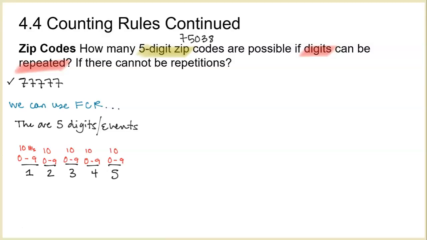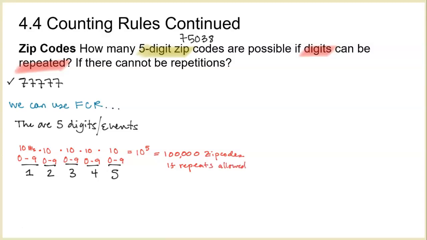So by the fundamental counting theorem, if we have these distinct events, the 5 digits, and each event has 10 different choices, we can just multiply those together and we get the number of ways that we can form zip codes. And there are 100,000 zip codes we can make by using this process if repeats are allowed.